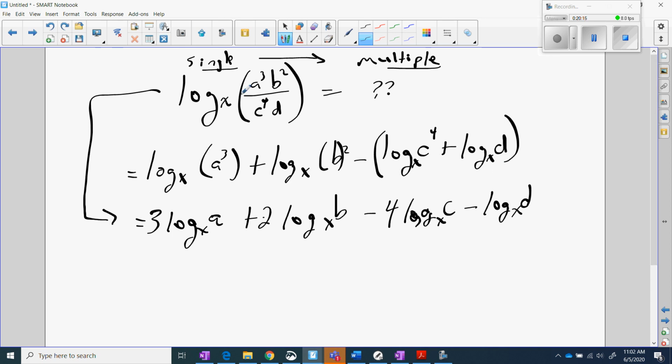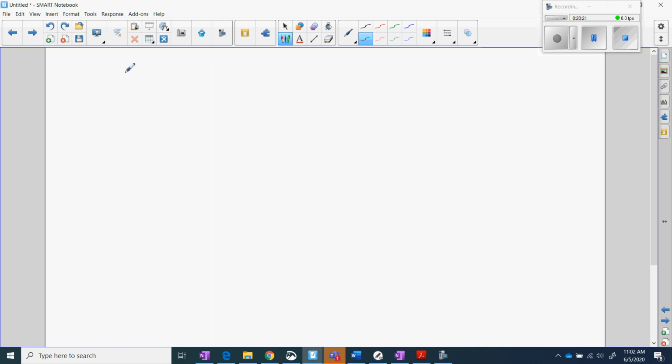Let's look at one doing the opposite. So I want to go from multiple logs and turn it into a single log. Well, if I could get it to look something like this, let's use a number this time for the base.